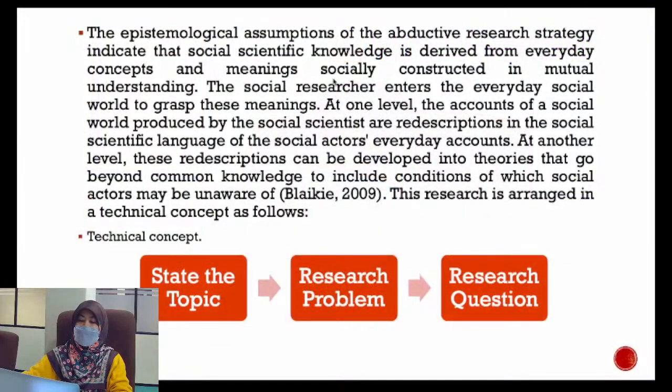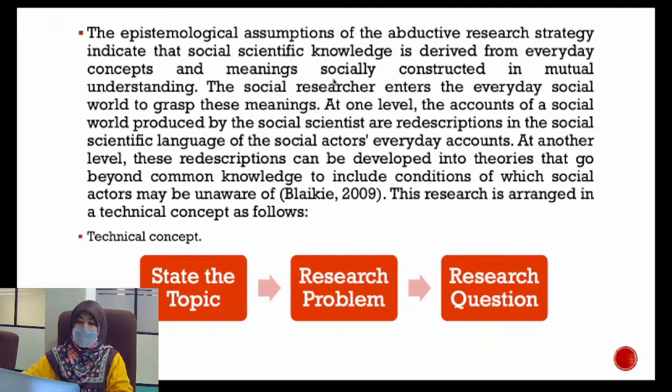At one level, the accounts of the social world produced by social scientists are redescriptions, in the social scientist's language, of the social actors' everyday accounts. At another level, this redescription can be developed into theories that go beyond common knowledge to include conditions of which social actors may be unaware.